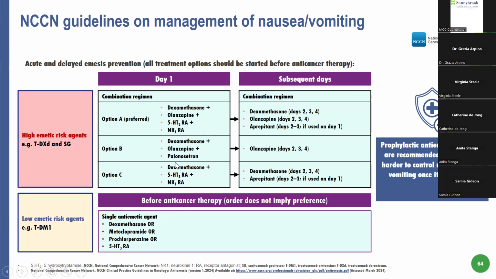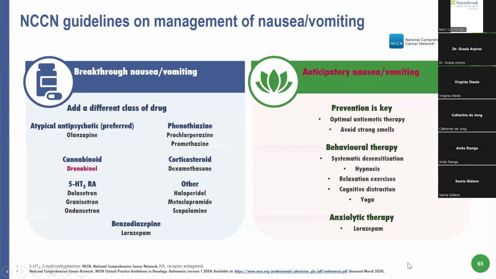This option C would be the suggested preferred treatment for ESMO guidelines in patients getting T-DXd or SG. They also suggest dexamethasone for the further days, and aprepitant if you're using aprepitant on the day of infusion. And of course, we don't need to talk about the treatment of low emetogenic agents because it's very simple and it hasn't changed so far.